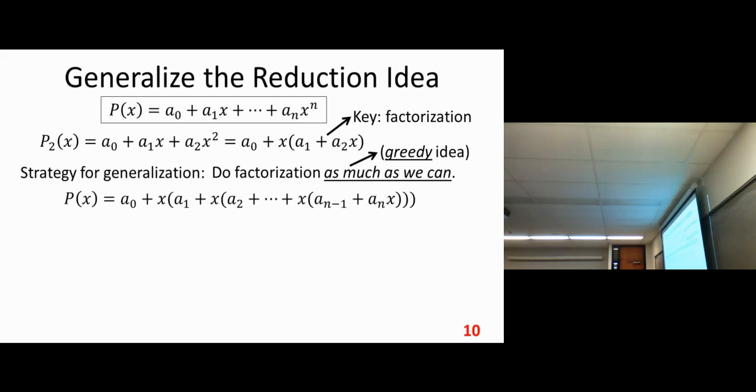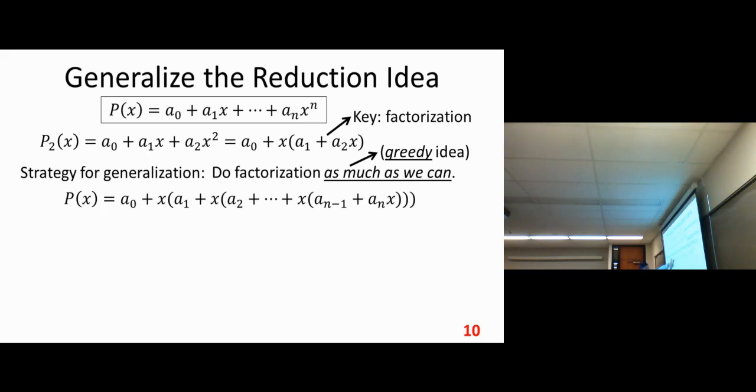So how do we do as much as we can? First, the first factorization we want to apply on the maximum number of terms. If we cover the first term, then we have a common factor, right? So we do factorization.